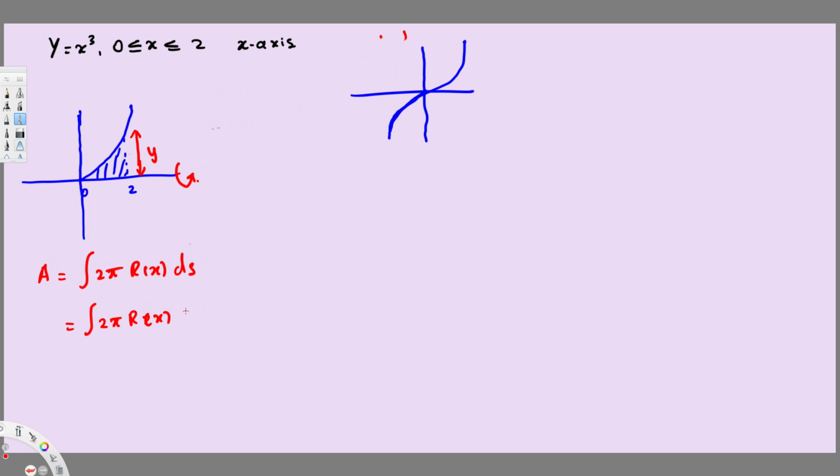We know that arc length formula is square root of 1 plus y prime squared dy, right? If it's dy, we have to put this one also y. If it's dx, since we are taking y prime, this is going to be dx. So here we are going to have dx.